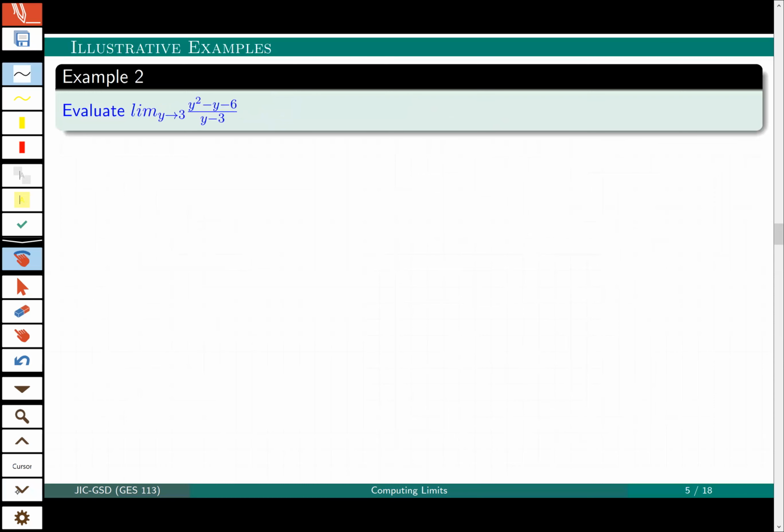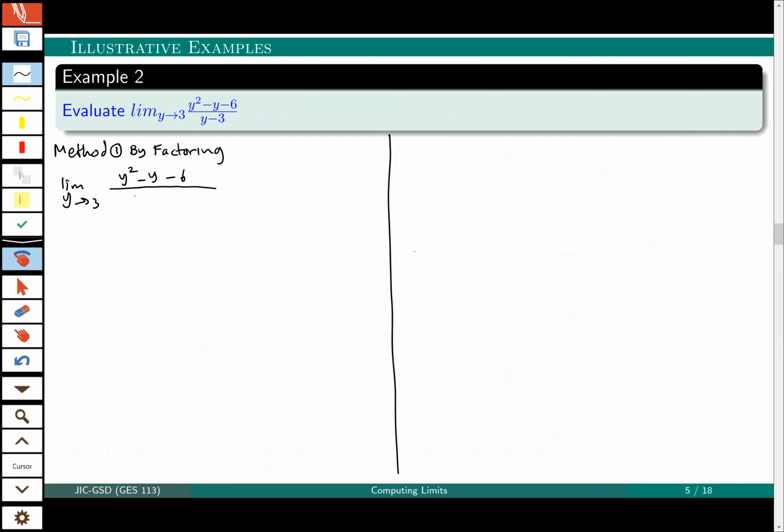Second example here. Again, we will do it by two methods. The first method is factoring. Where we have the limit when y goes to 3 of y squared minus y minus 6 divided by y minus 3.